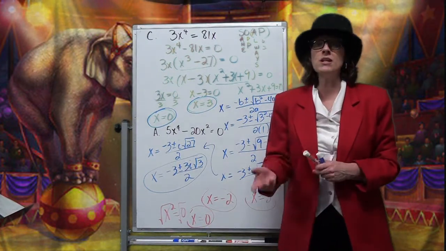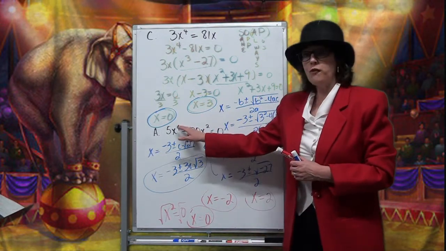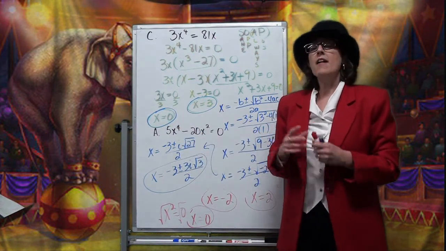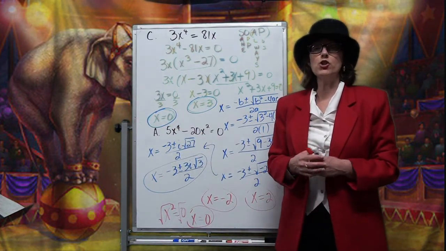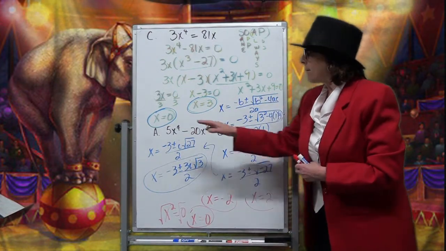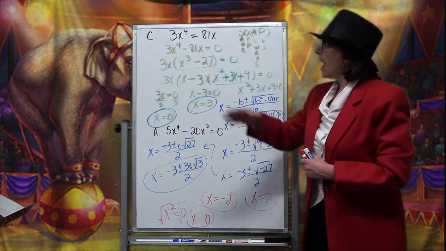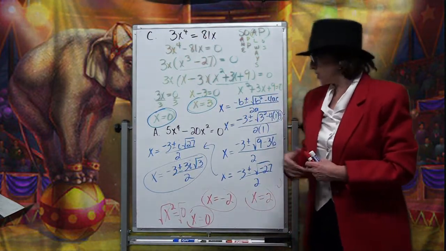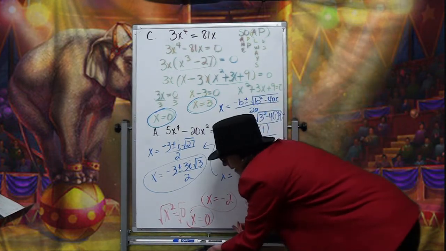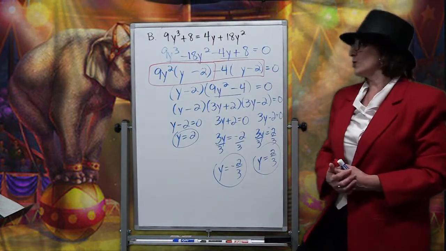Now 0 neither is positive or negative, but there's that idea of 4 solutions. But actually, the degree of the polynomial tells you at most how many solutions you will have. So at most, I should get 4 solutions. Having 3 is perfectly fine. At most, I will get 4 solutions, and I did get 4 solutions. And in the previous example, I will get at most 3 solutions here, and I did get 3 solutions.